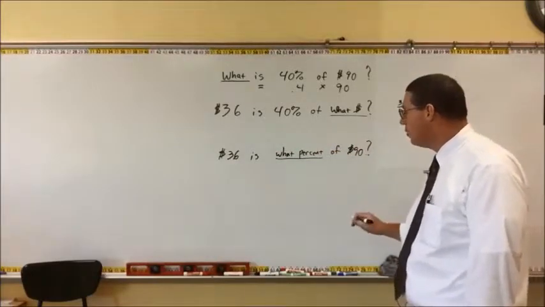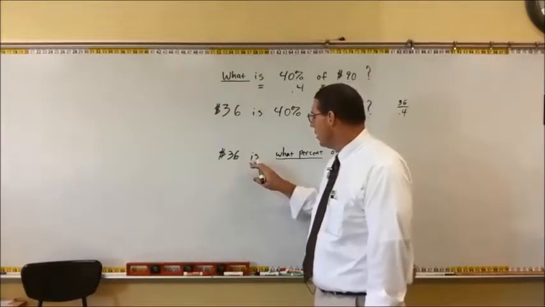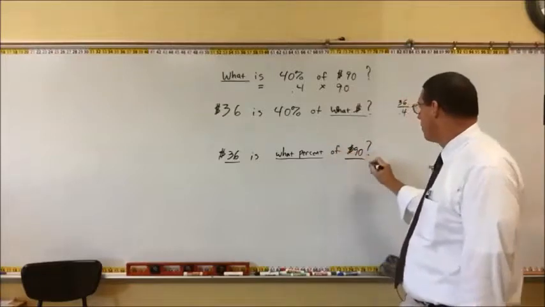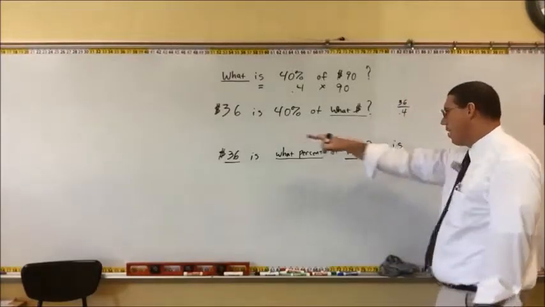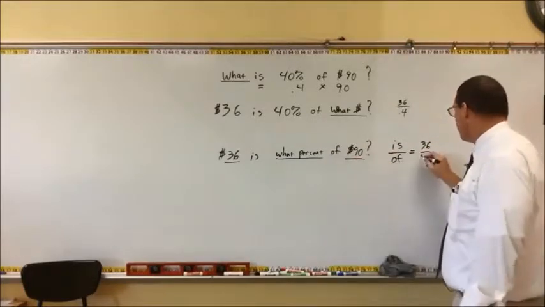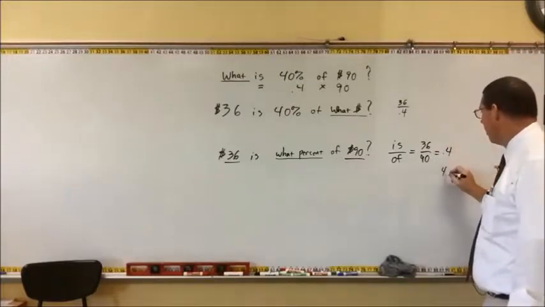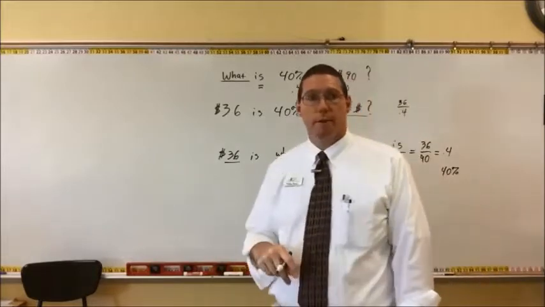And what you typically do is you take the is number and divide it by the of number. So it's is over of, okay? And in this case, the is number is 36, and the of number is 90, and we would get 0.4, multiply by 100, we get 40, put a percentage symbol on, and it's 40%.